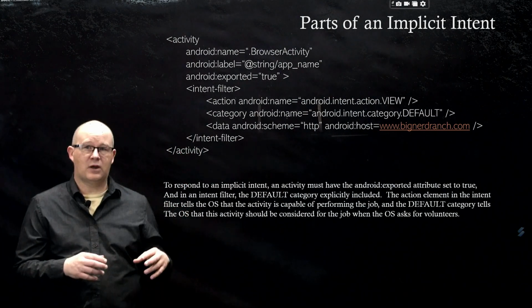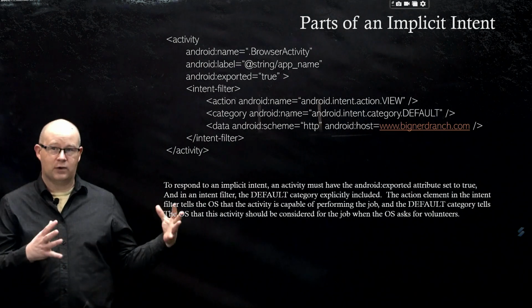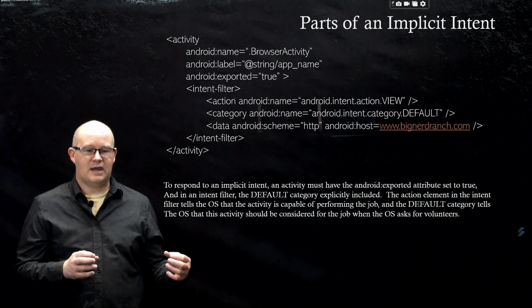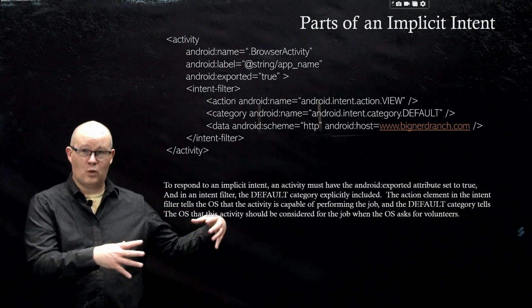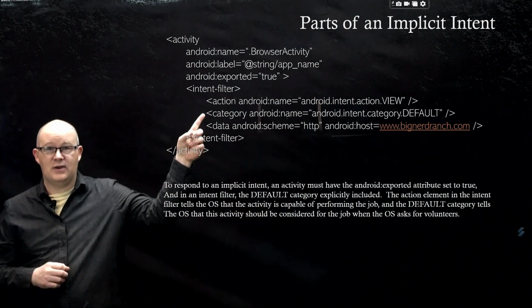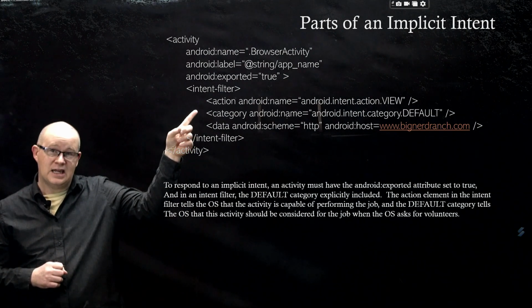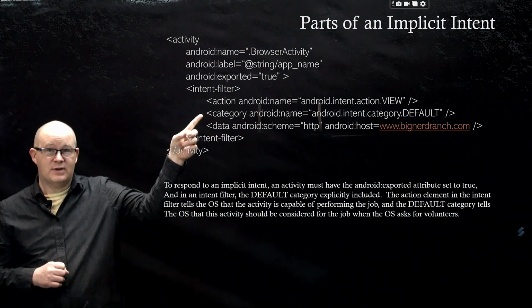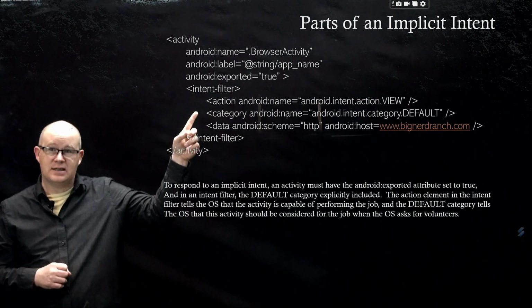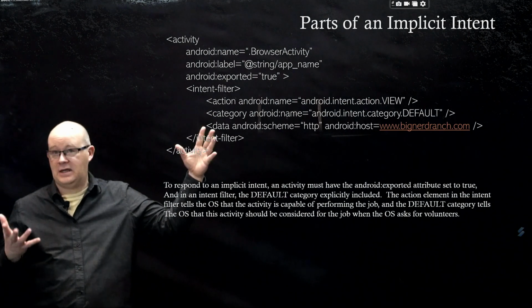Something a little bit different than building a web page, and specifically in our case, we are going to ask for something, and we are going to find that we have a couple of choices. We're going to broadcast out, hey, I want to do this certain thing, and it's going to ask for volunteers. Now those different applications that we are broadcasting our request out to will be able to say, okay, you're asking for this, I can do that, and I will broadcast that I will volunteer to be the app that you use in order to perform that task.